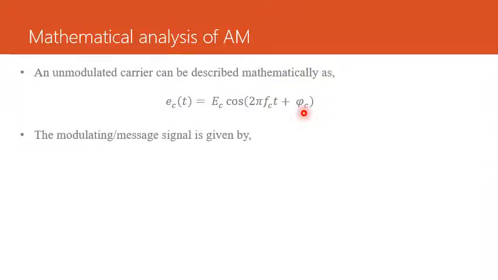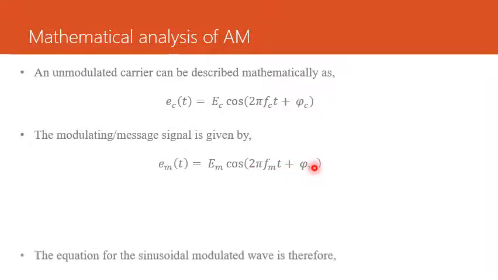The second input is a low frequency message signal, also known as the modulating signal, given by Em of t is equal to Em into cos of 2 pi fm t plus phi m.